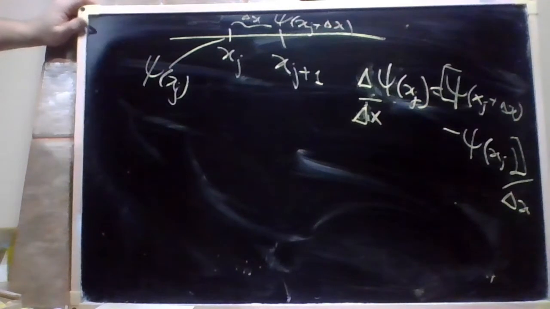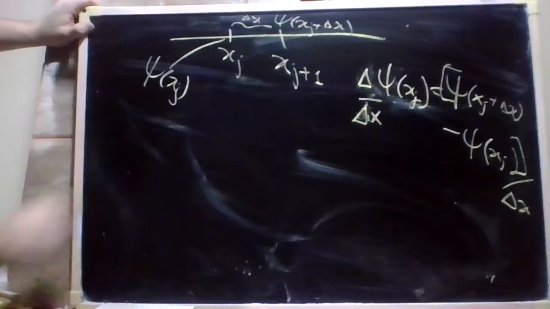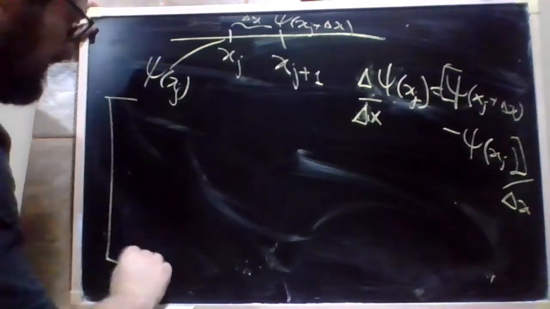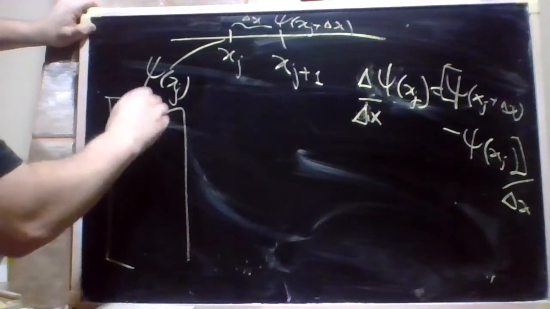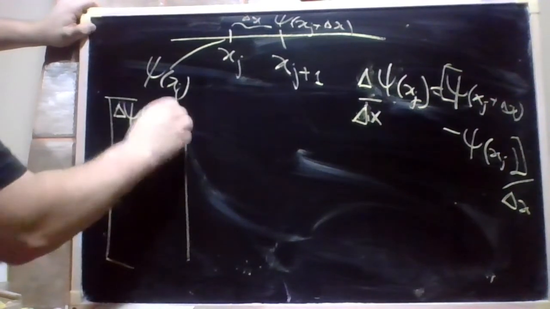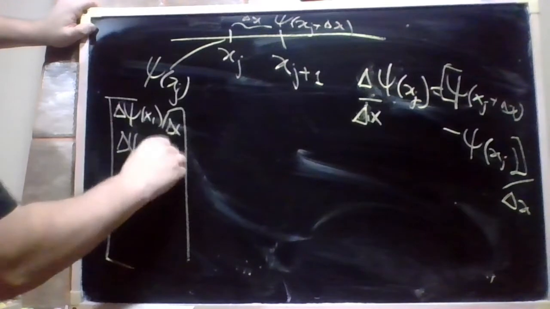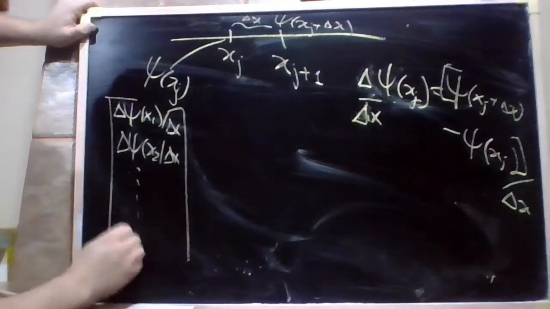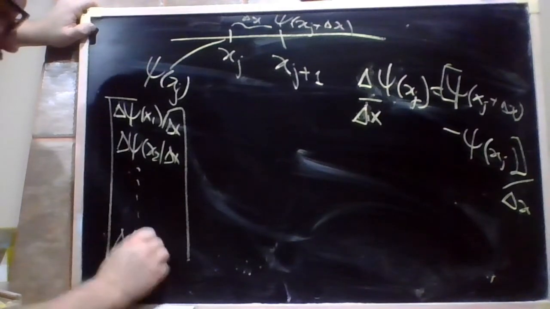Now, if I want to evaluate a vector of derivatives, I can calculate the derivative at point 1, point 2, and all that, till I find the final point.